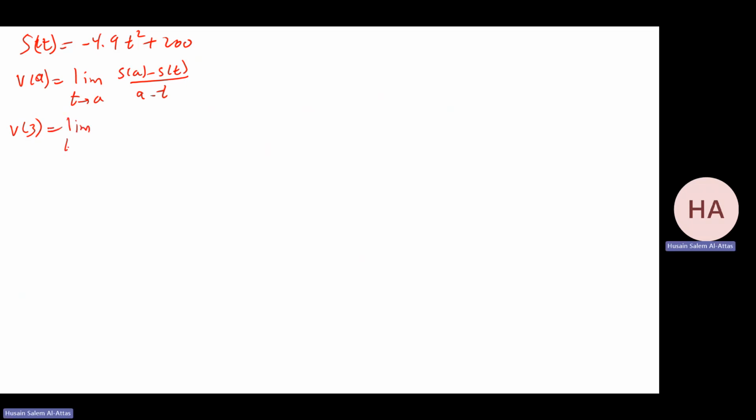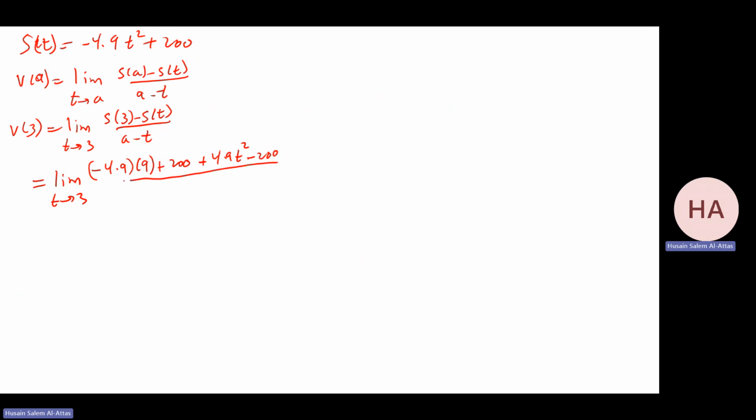The limit as t goes to 3 of S of 3 minus S of t over 3 minus t. So it's a limit case. So that will be the limit as t goes to 3 of S of 3, minus 4.9 times 9 plus 200, minus, plus 4.9 t squared, minus 200.